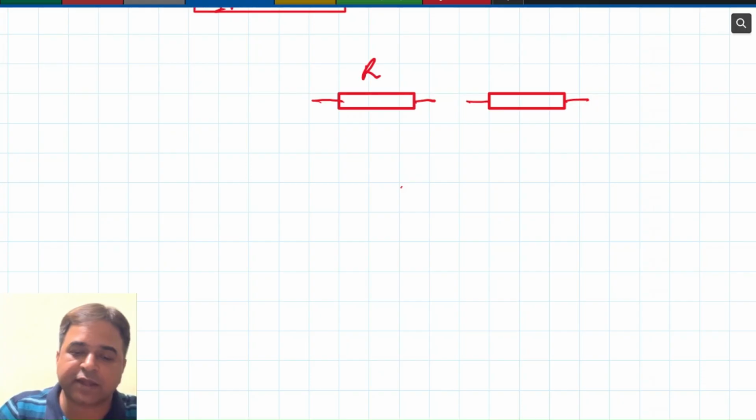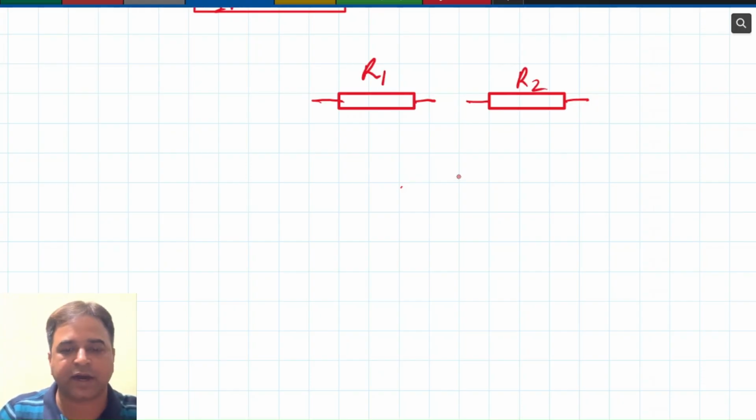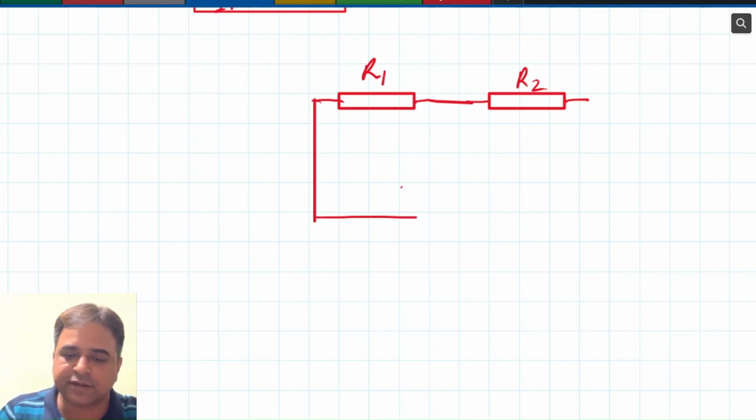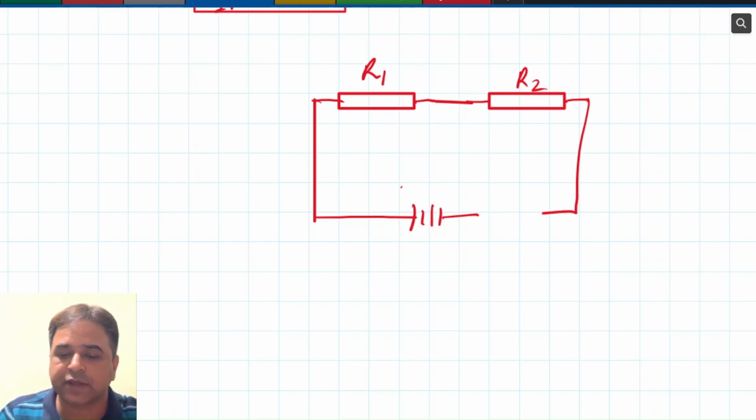Suppose we are taking value of this one as R1 and this is the value of R2. If they are connected in series, you can see they are connected end to end, only one terminal is attached to it. So if we complete this circuit, this is the cell or battery. Here we are taking battery.